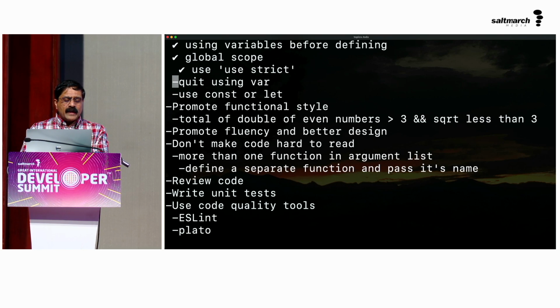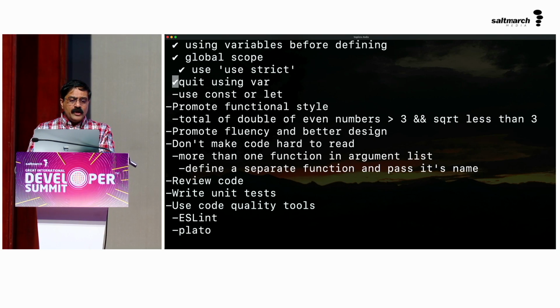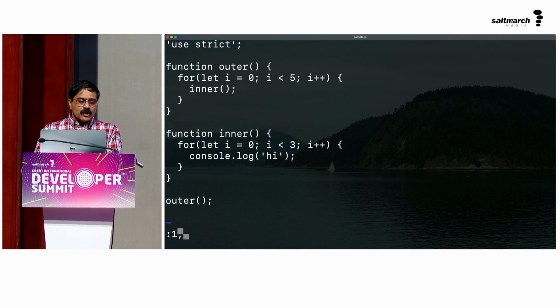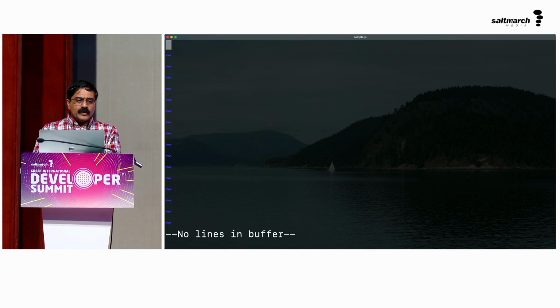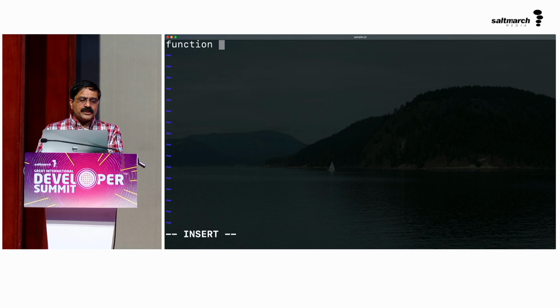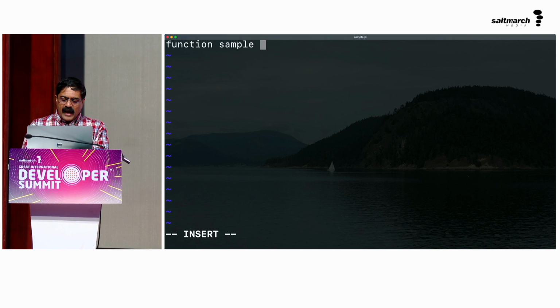You want to be a bit careful about using old constructs. For example, let's take a little example, a function sample, and I'm going to call the function sample like so. Now, I'm going to go back to this code and say var local1 equal to 7.